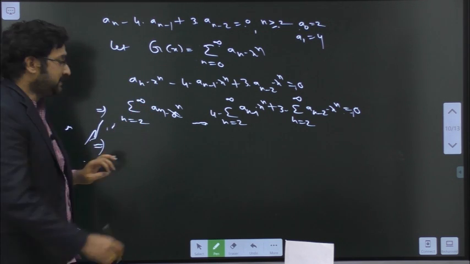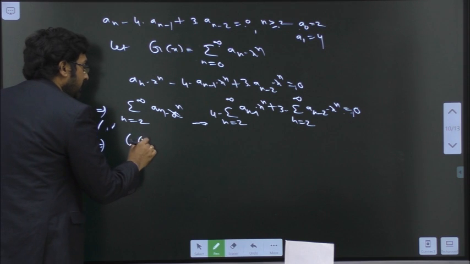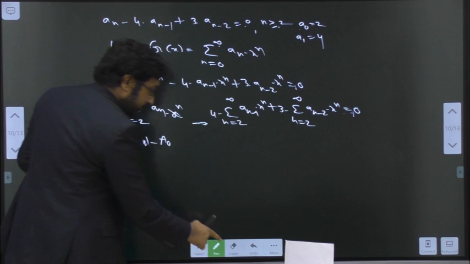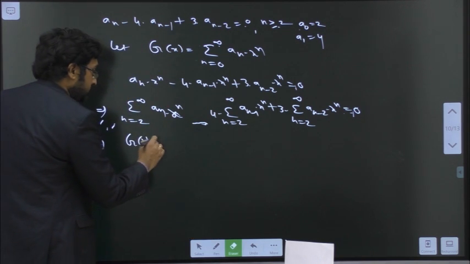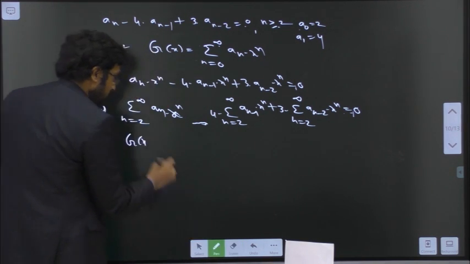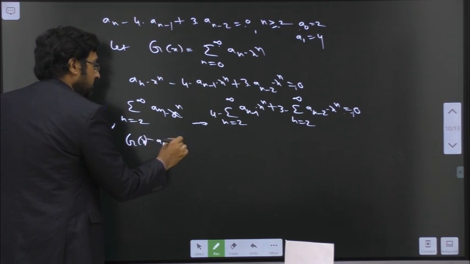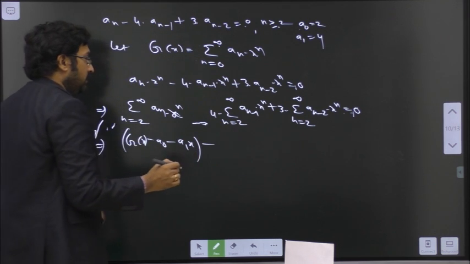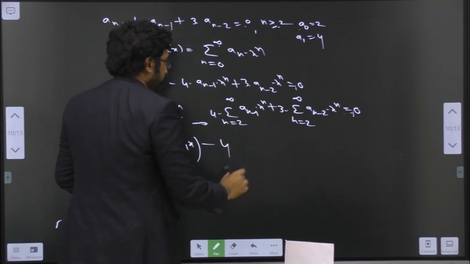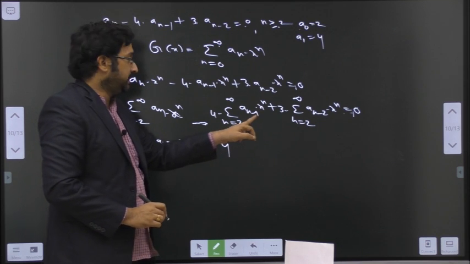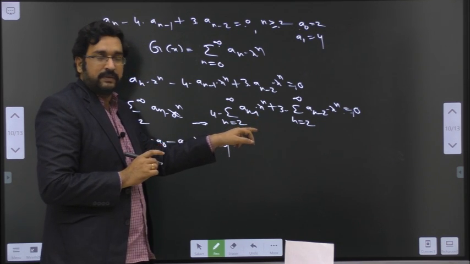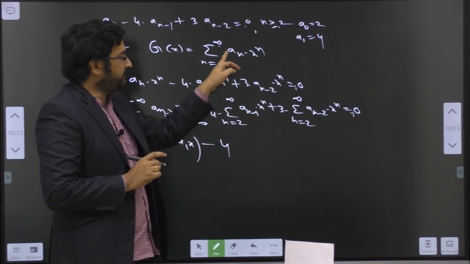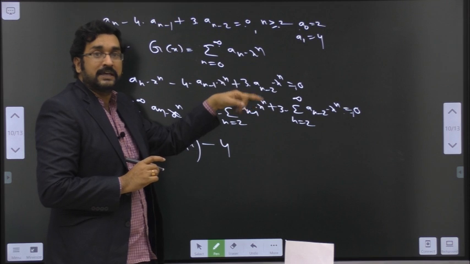So this can be written as g of x minus a naught minus a1x, minus 4 into, here n is 2, here is 1, difference is 1. That means this will be equivalent to subtraction of first term from given equation multiplied by x power 1.